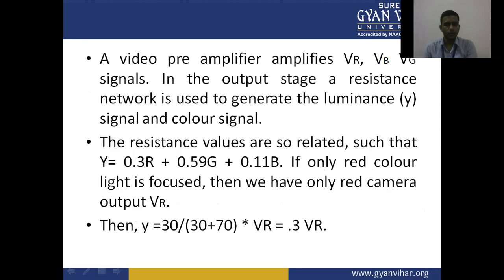The resistance values are related such that Y equals 0.3 R plus 0.59 G plus 0.11 B. So this is the equation for the luminance signal, that is Y, and color signal. If only red color light is focused, then we have only the red camera output VR. Then it will come to 30 upon 30 plus 70 into VR, that is 0.3 VR.